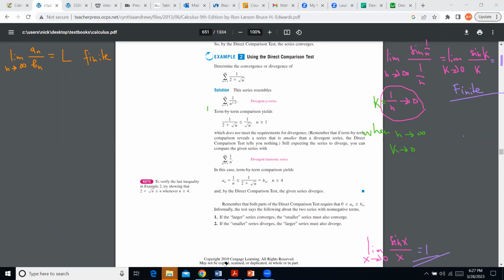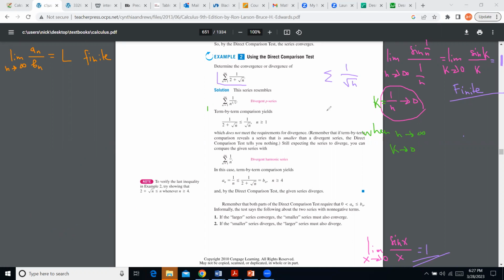So for example, here, you don't really need this method because you already see it's equivalent to 1 over square root of n, which is divergent, right? So you don't have to worry much about it.